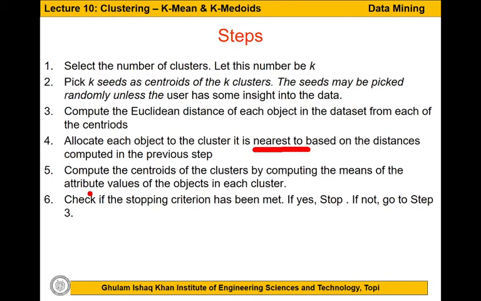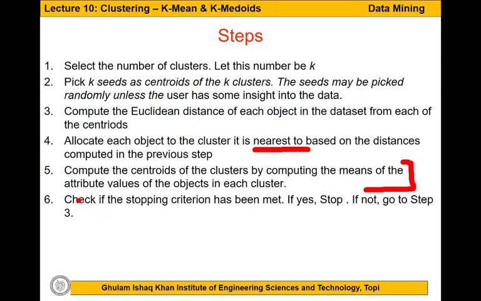Once this is done, the centroids of the clusters are computed by computing the mean of the attribute variables of objects in each cluster. Like once you have created clusters, then within the cluster, cluster heads are recomputed using the mean.